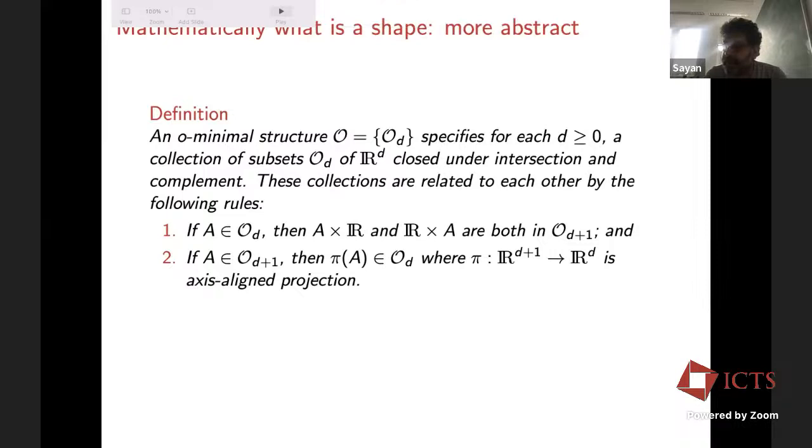So there's something very abstract, and this is called an o-minimal structure. And there's a reason why I'm telling you all of this. The reason is, how many people know how micro CT scans work, or how these 3D imaging approaches work?